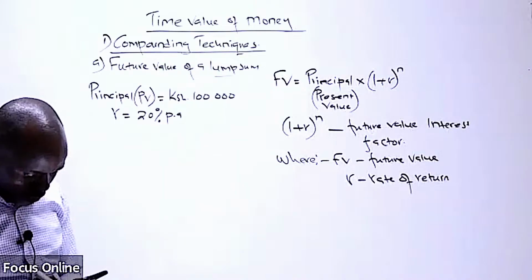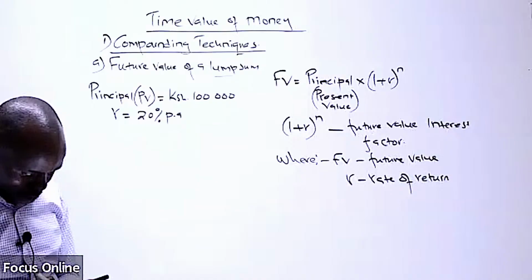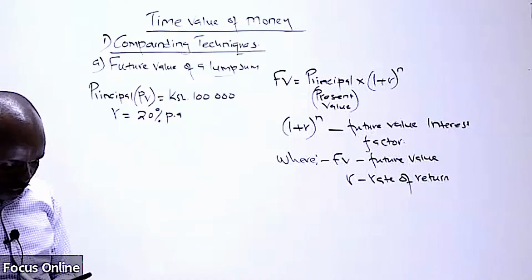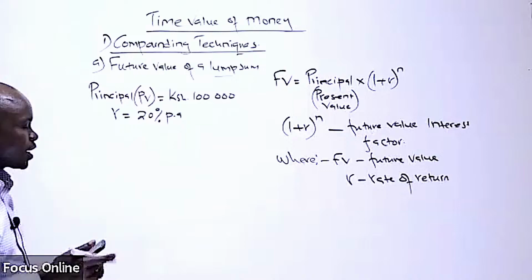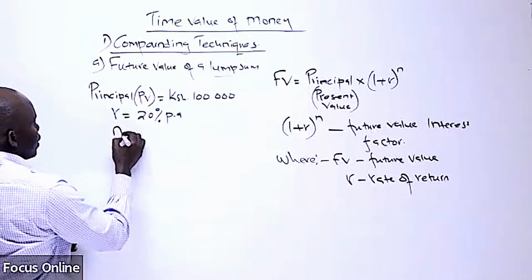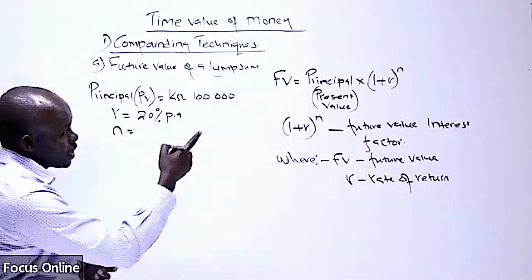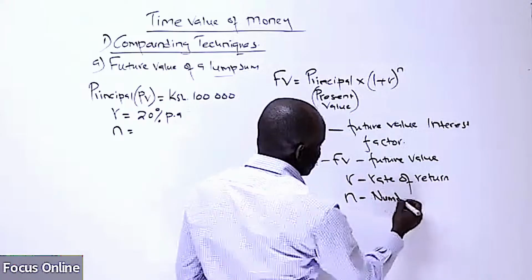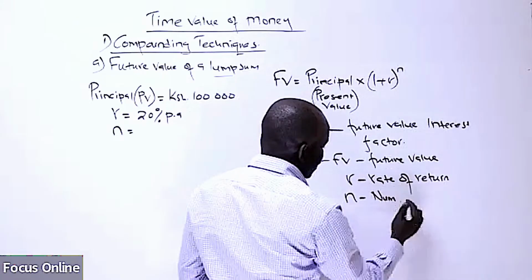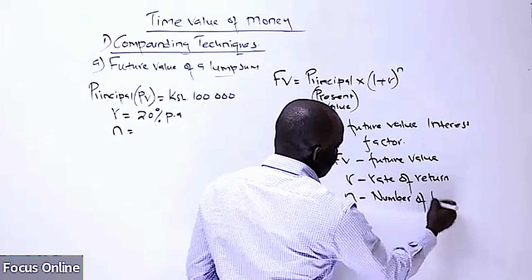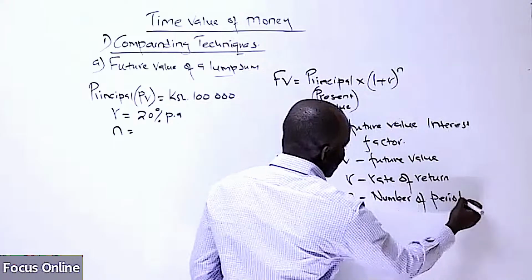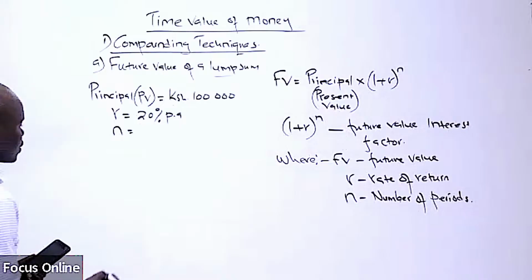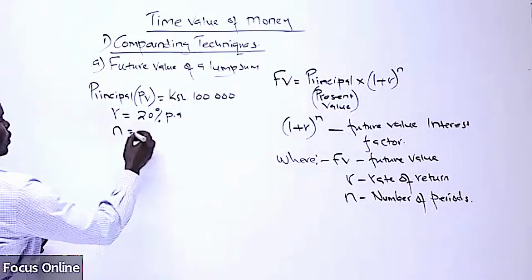So it is 20% compounded annually. Determine the future value of the investment after 3 years. N is equal to the number of periods. Make sure you write that. Here, our period is 3 years.